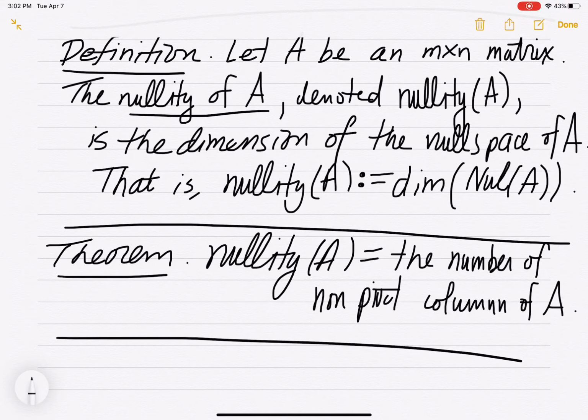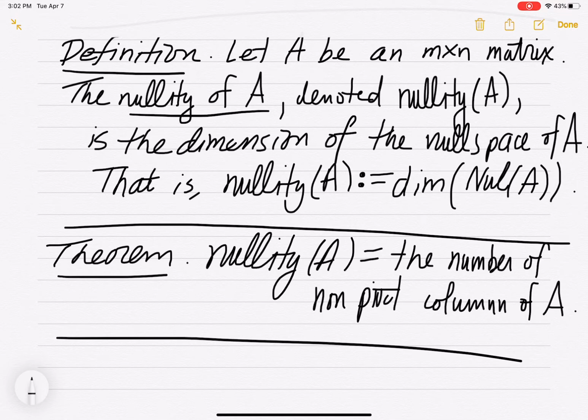So when you're thinking about the nullity of A, it's the dimension of the null space. So think about what the null space is. The null space consists of all solutions to the homogeneous linear system, or the homogeneous matrix vector equation. So the number of vectors that are going to form a basis in your null space is just going to depend on the number of free variables.